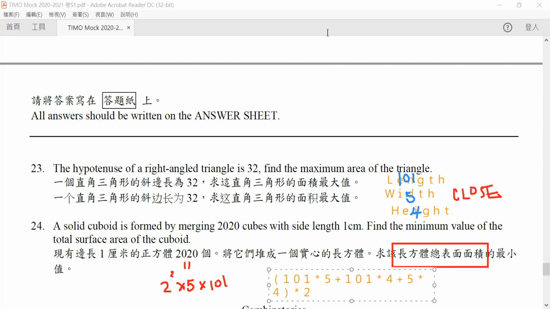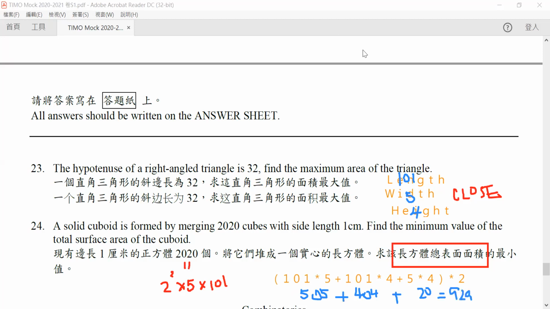So now we can calculate it together. This is 505, this is 44, this is 20. So this part when added together is equal to 929.